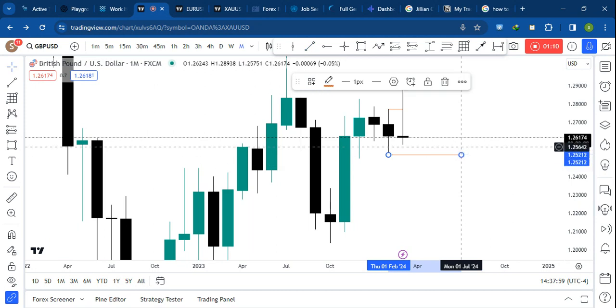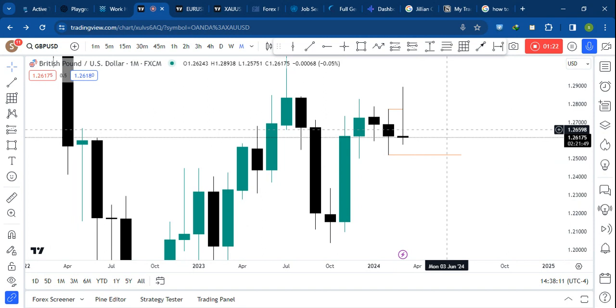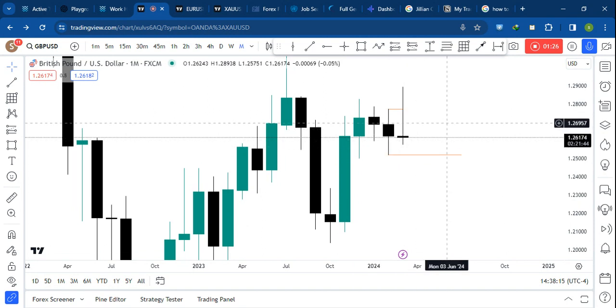So this will be my drawn liquidity. This is where I'm anticipating for the market to reprice, at the previous low of the last month.